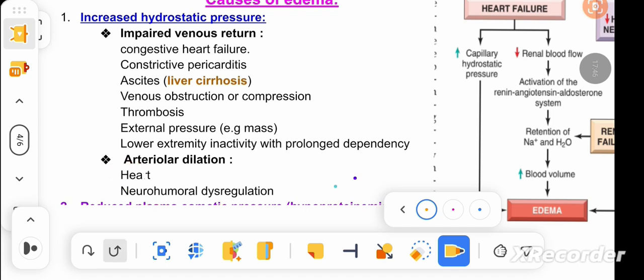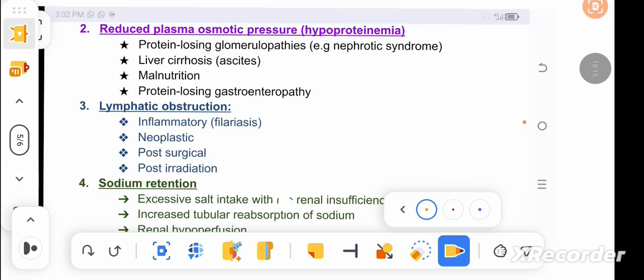Heat, like in the skin, when it is hot, you see the arterioles dilate in order to lose heat. When they dilate, they can increase the hydrostatic pressure due to accumulation of blood in those dilated arteries, thereby leading to increased hydrostatic pressure that can also cause edema.